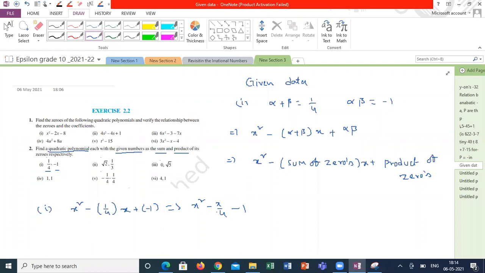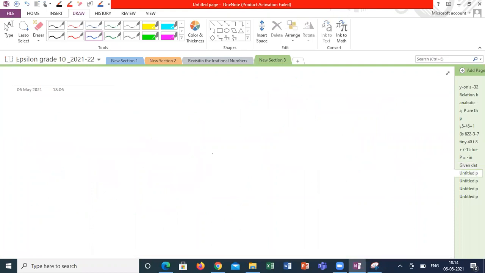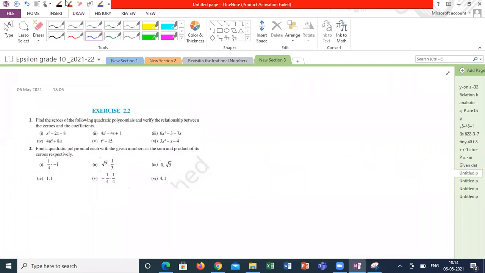Now, what is the second question answer? Given data: alpha plus beta is equal to root 2, alpha into beta is equal to 1 by 3. So the polynomial is x square minus of alpha plus beta into x plus alpha beta.